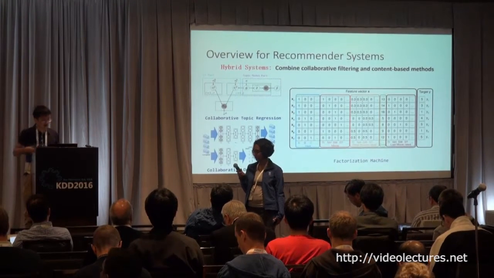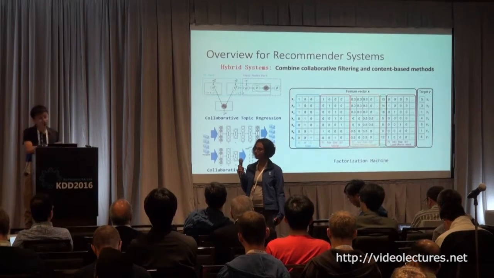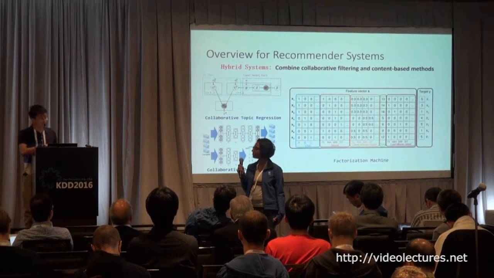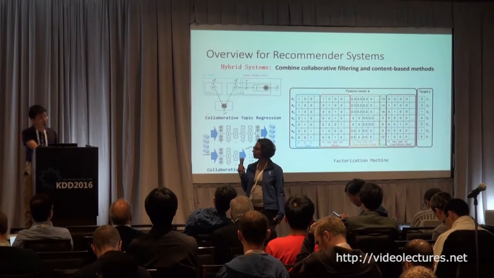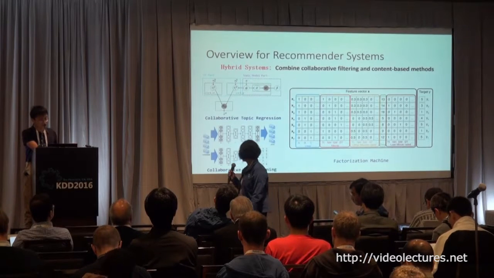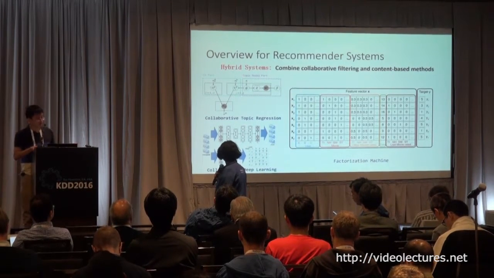So in collaborative topical regression, we can see that this is the graph structure of this model, and there is a node which represents the user, and there is a node which represents the item. We can see the item is also linked to the topical model.